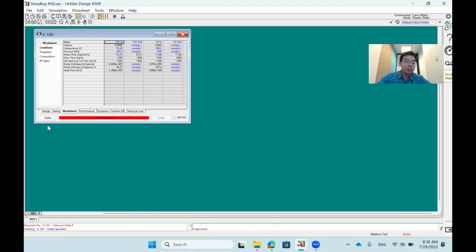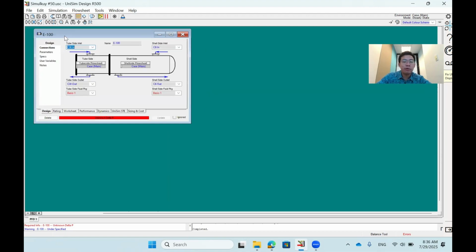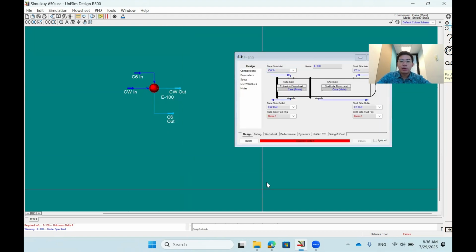This is the current condition of the heat exchanger when we fully define our feed stream. It will show unknown delta P. So now the question is, can we define other parameters to substitute this delta P? For example, is it enough to directly input the temperature for both outlets and then the pressure will be calculated?